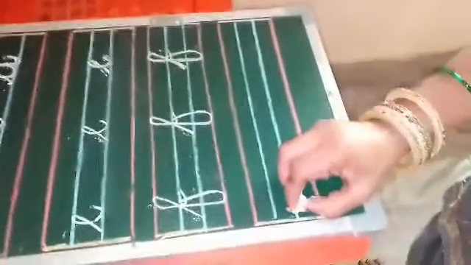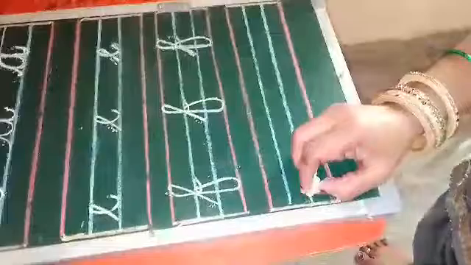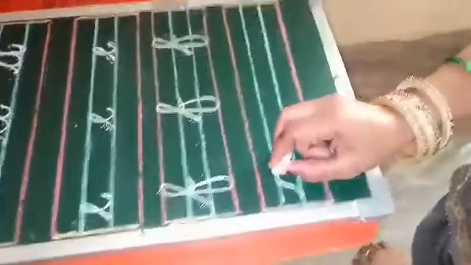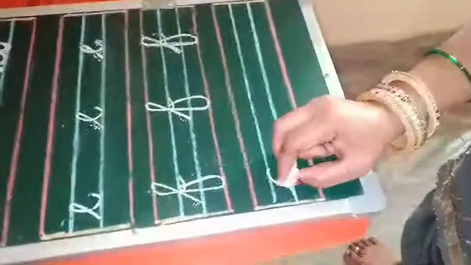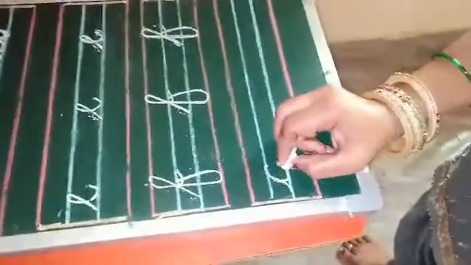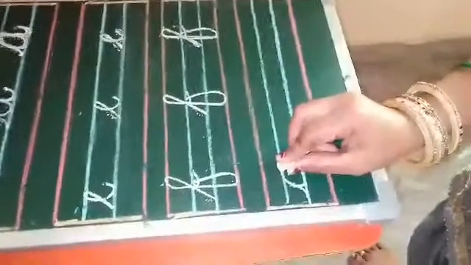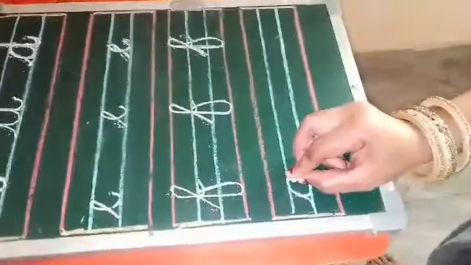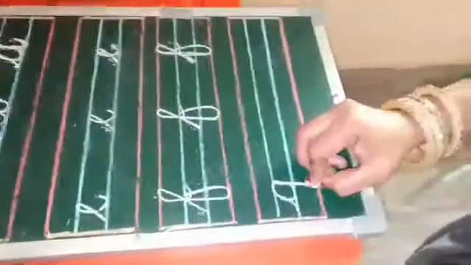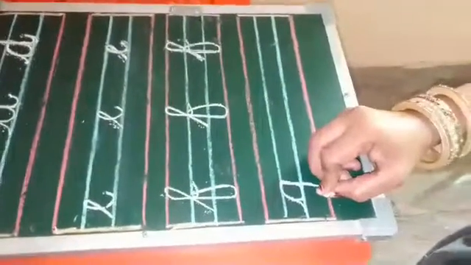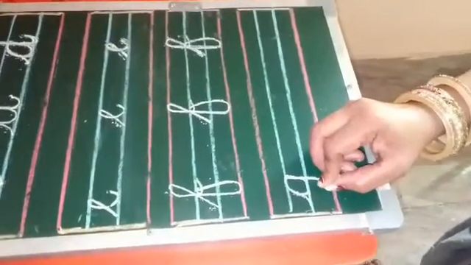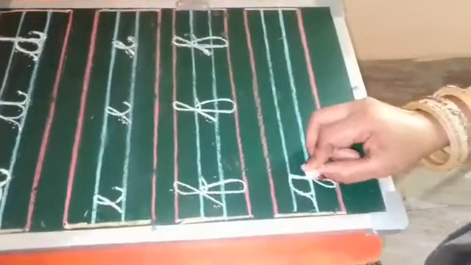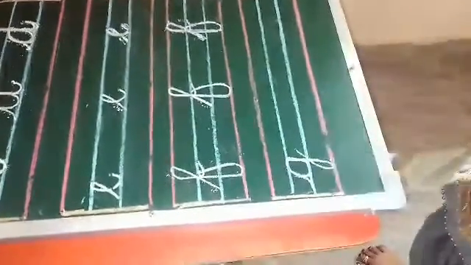Upward from third line to second line. Upward and then downward and again upward third to second line and downward second line to fourth line and round it, fourth line to third line upward.